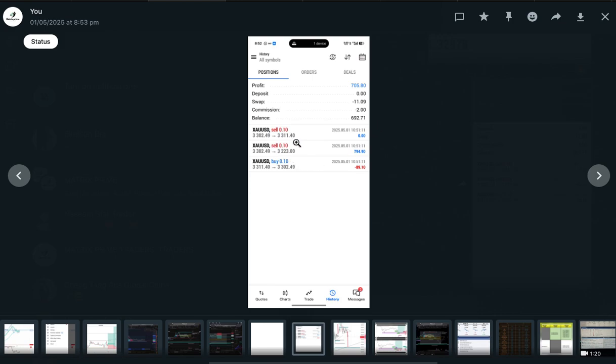I sold the gold at 3,302 to 3,223, holding this position for more than $20 to $30 if we calculate in pips. So I took more than 200 to 300 pips profit there.